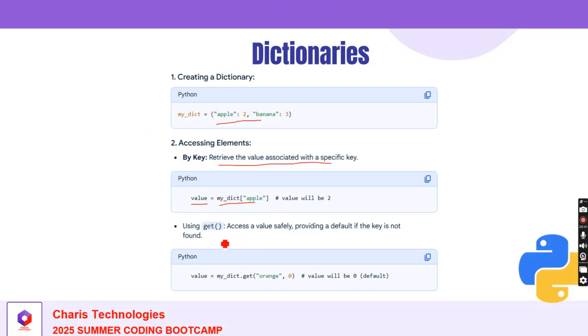You can also use the get method to access a value safely, providing a default if the key is not found. So if you take a look at this, value equals my_d.get orange, 0. Because orange does not actually exist in this dictionary, this 0 will be assigned.